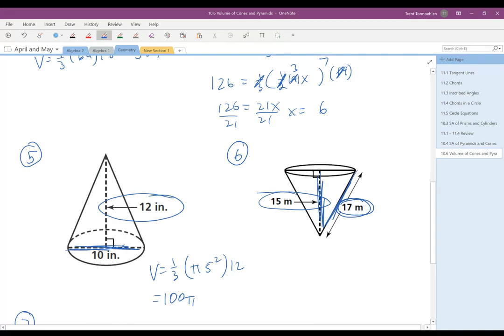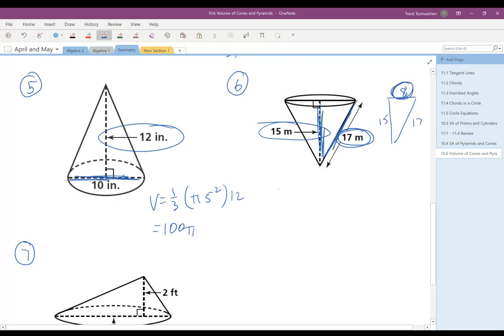So we still do our right triangle, but when we find it, what we end up finding using Pythagorean theorem, or if you know your Pythagorean triple 8, 15, 17, you can find out that's 8. You actually get the radius of the circle using Pythagorean theorem. So you get volume equals 1/3, radius is 8, so 64 pi is the area of the base, 8 squared pi, times the height, which was given to you as 15. And so that turns out to be 320 pi.